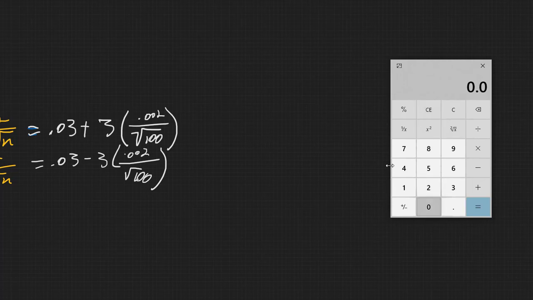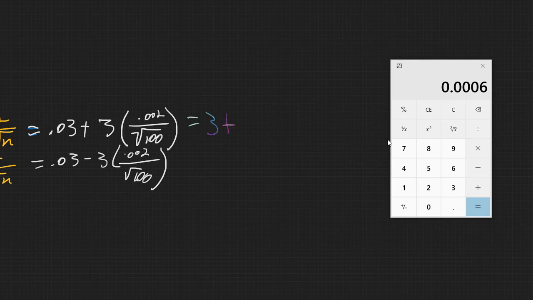So we're going to take 0.002 divided by 10, which is equal to, that's not right, 0.0002. Times 3 equals 0.0006.